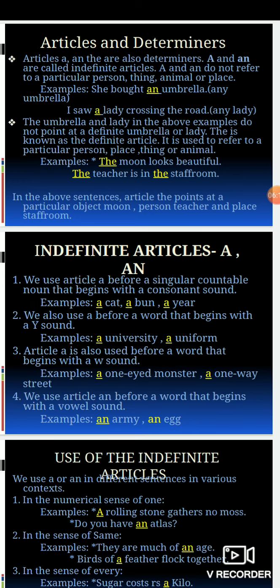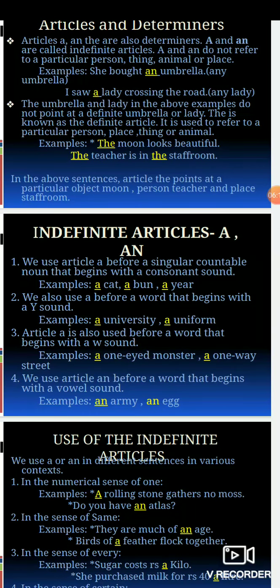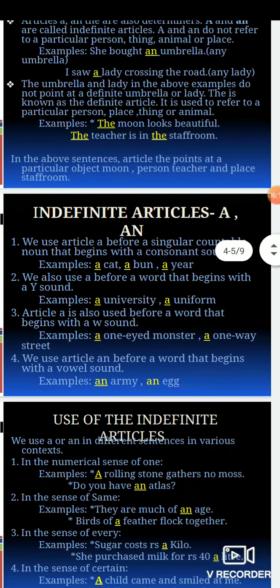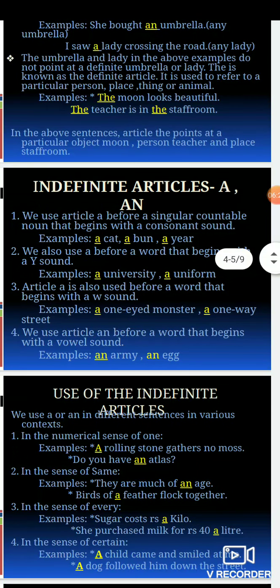Now we will study the indefinite articles a and an. We use the article a before a singular countable noun that begins with a consonant sound. So a is used before a singular countable noun. Singular means one.